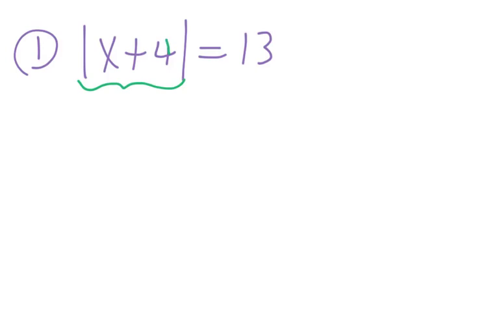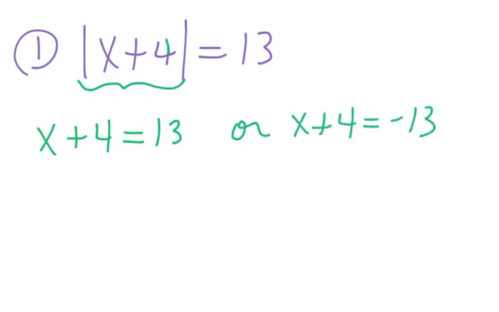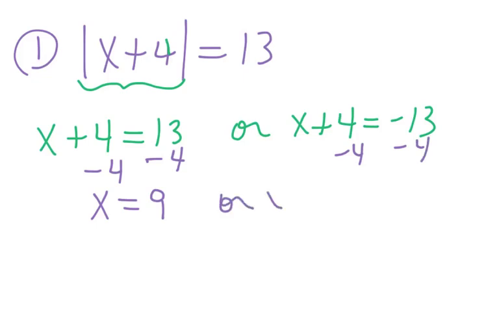So we can break it up into cases. x plus 4 is equal to 13, or x plus 4 is equal to negative 13. Subtract 4 from both sides, so x equals 9, or x is equal to negative 17.